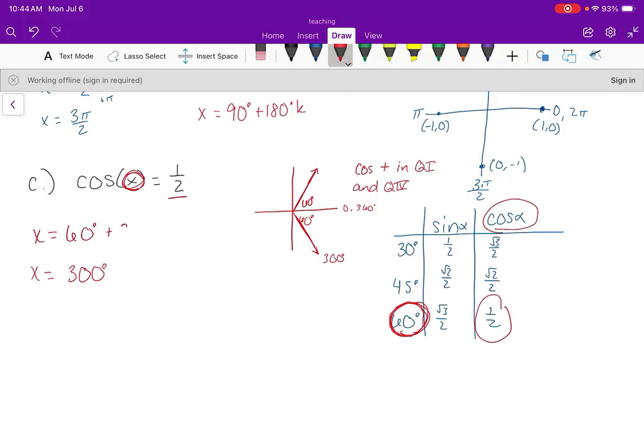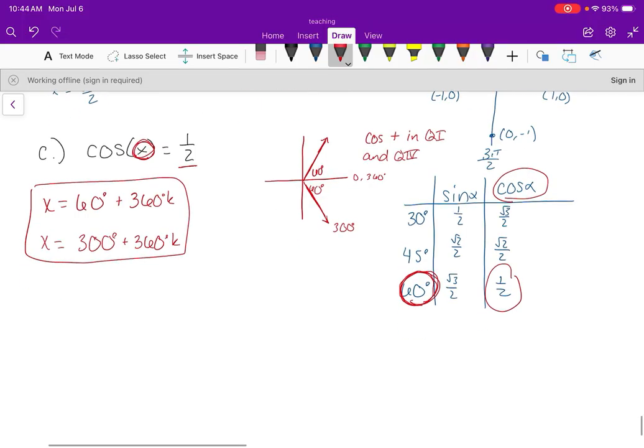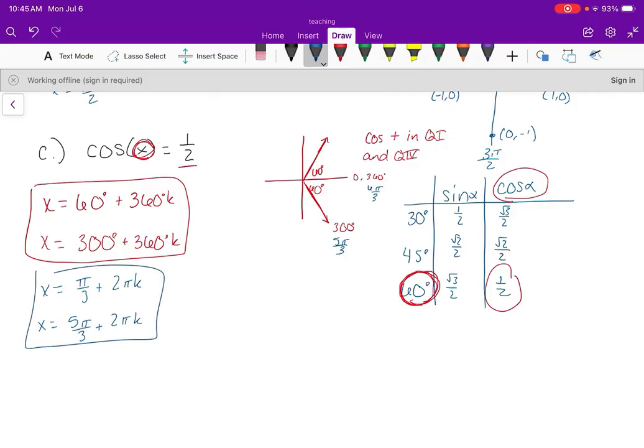So I'll say plus 360 degrees K. Just to show you in radians as well, in radians this would have been x equals pi over 3 plus 2 pi k, and x equals, let's see, this would be 6 pi over 3, so this would be 5 pi over 3. 5 pi over 3 plus 2 pi k would be the radians answer.